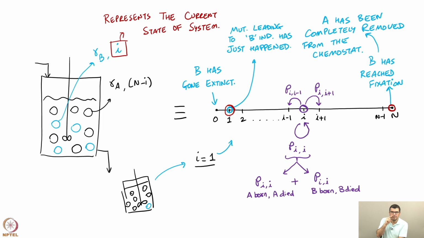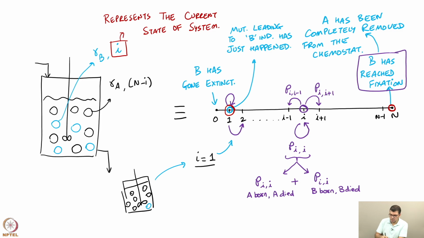if the system is starting from 1, which it is, because when B makes an appearance for the first time, it is at I equal to 1. Then 3 possible steps may happen. Either B remains there, in which case we didn't move anywhere, or B could increase in number, which means it's taken one step closer to reaching fixation, which is our ultimate goal to study.